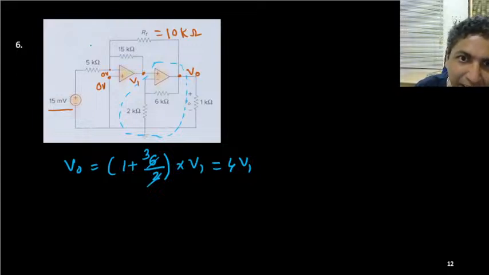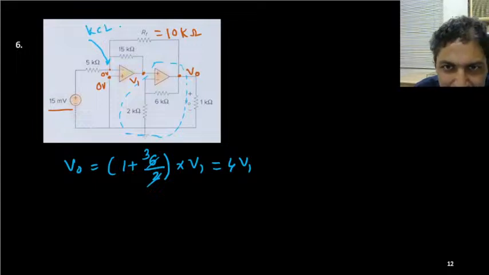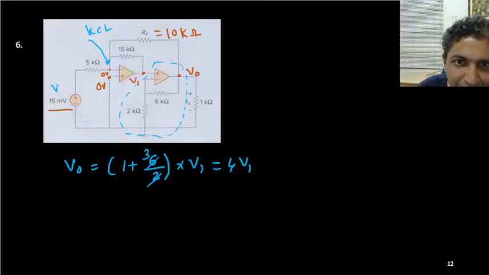Now we can take KCL at this node. I write VI here, so the input voltage is VI. Later on we can put in the values. So if the input voltage is VI, then VI minus 0 by 5K is the current to this side.